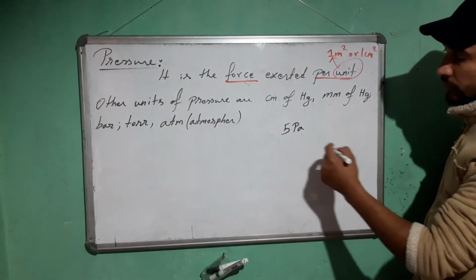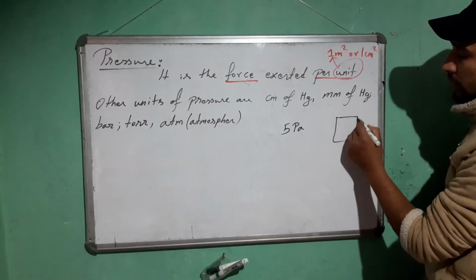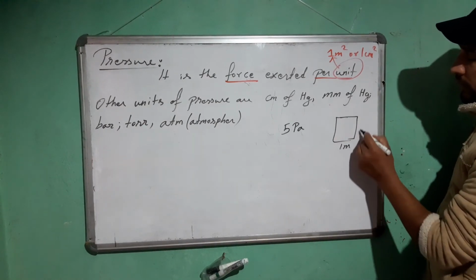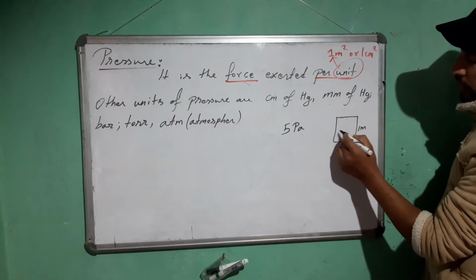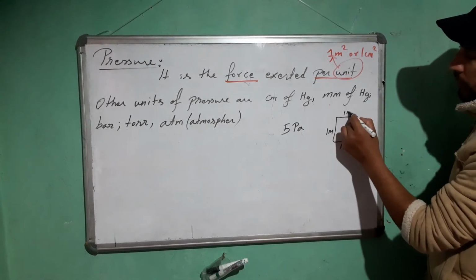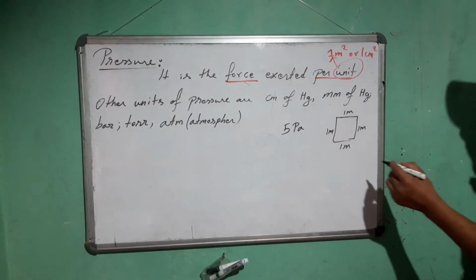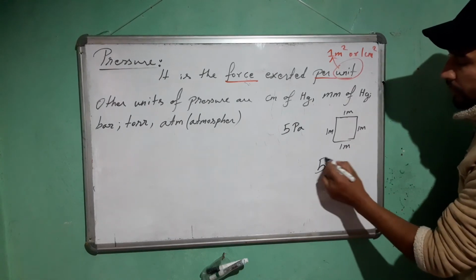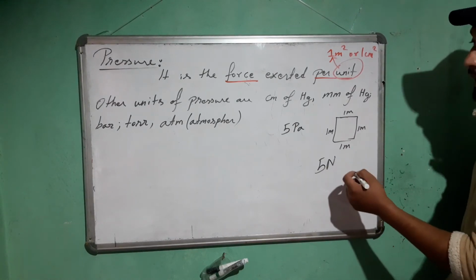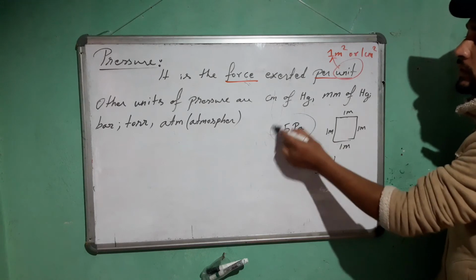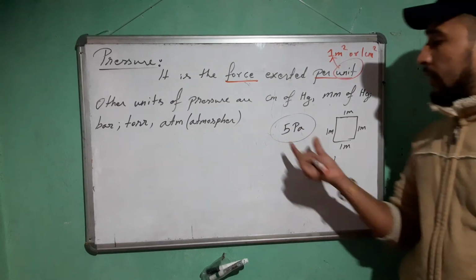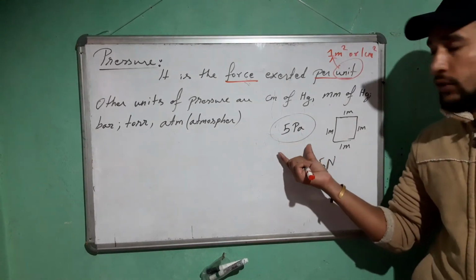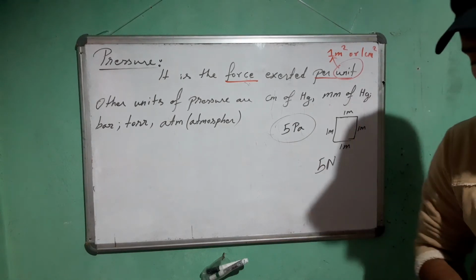Then on 1 meter square area of this room, 5 Newton force is applied. So the pressure within this room is 5 Pascal.